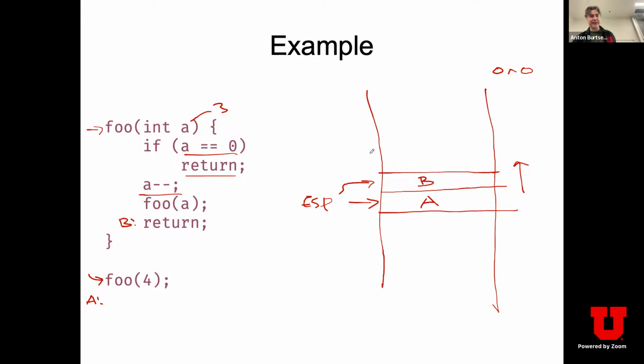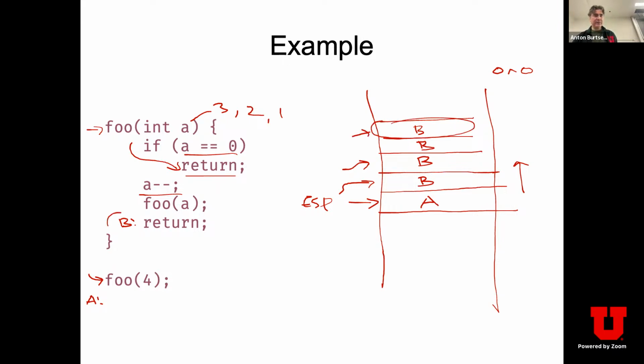You again reach this line, push B again, invoke foo recursively, A is 2, same thing, B. A is 1, same thing, B. At this point, A is 0, right? So you reach this branch, you say, well, start returning, and you essentially pick this value and you jump back to B. B says, do nothing, just return.